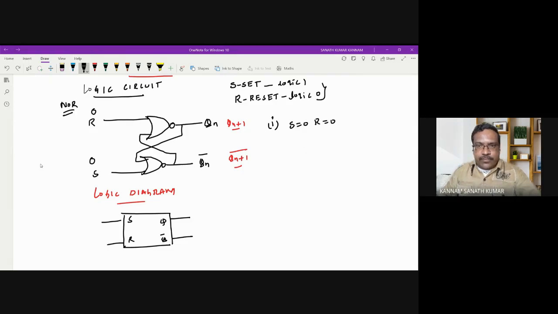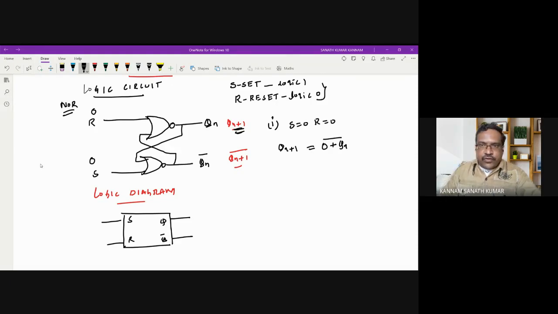So the next state Qn plus 1 is equal to, here one of the inputs is 0 and Qn bar is feedback. That means Qn bar whole bar.